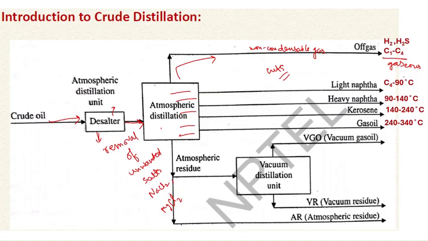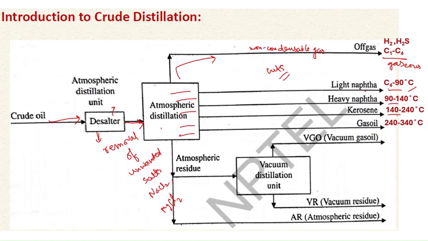Further, after the gaseous state, the liquid cuts are taken out from the side trays. The first one is the light naphtha, which is basically the C5 cut hydrocarbon, with a boiling point up to 90 degrees. Then the cut from 90 to 140 degrees is the heavy naphtha.